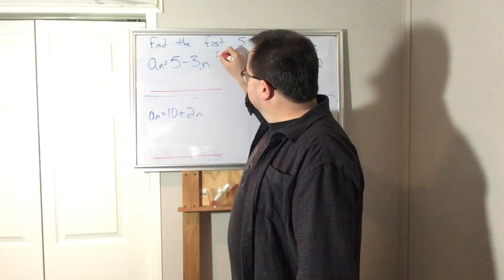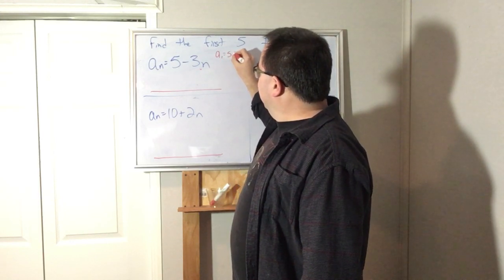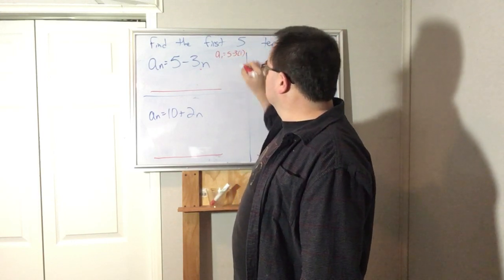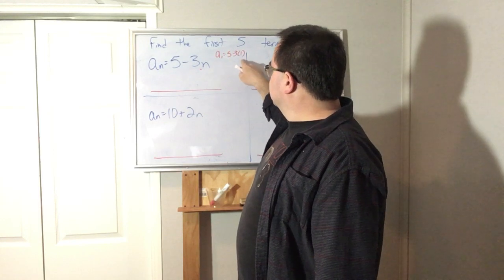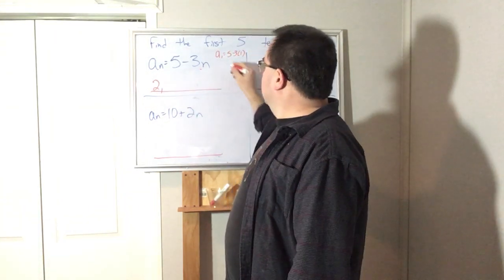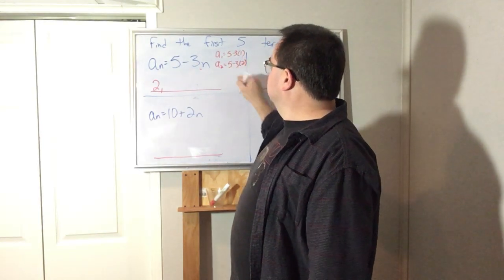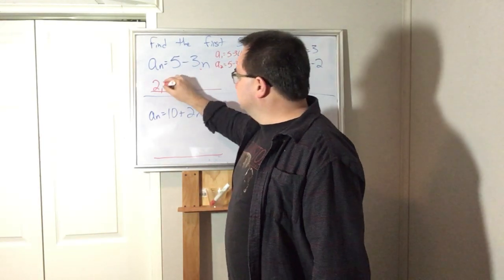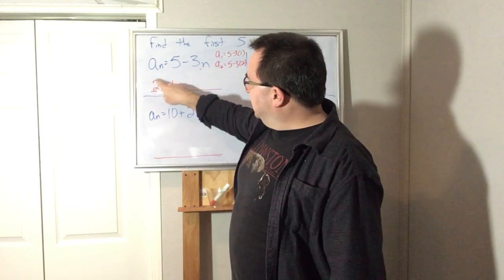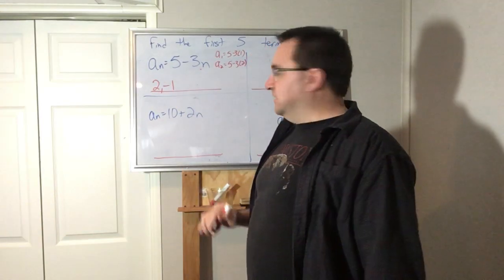So here's my work. The first term is 5 minus 3 times 1. So that would be 5 minus 3 is 2. The second term would be 5 minus 3 times 2. That's 5 minus 6 is negative 1. Notice I took away 3 there.